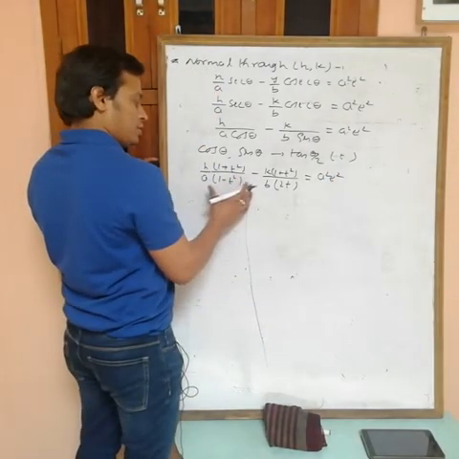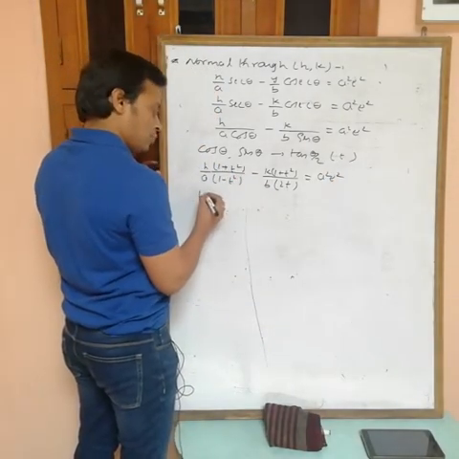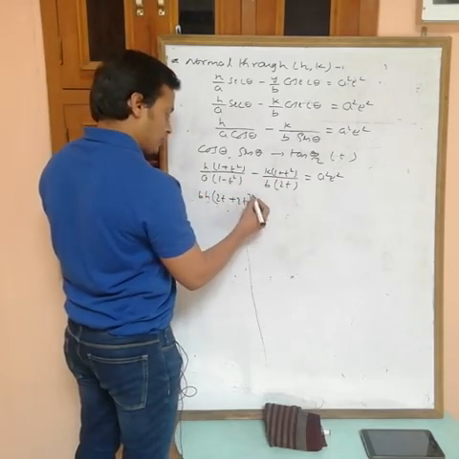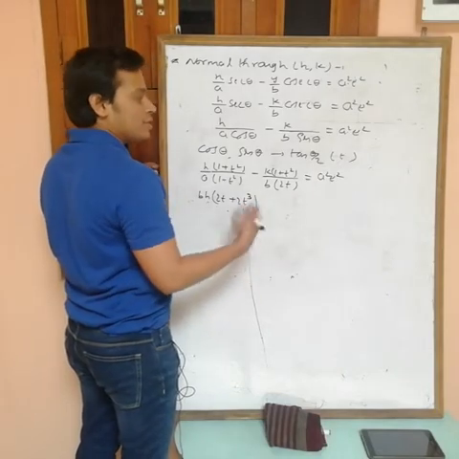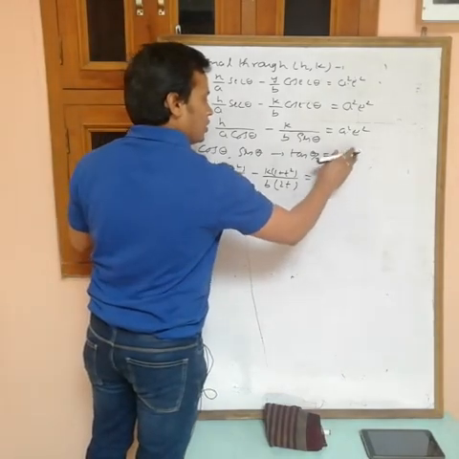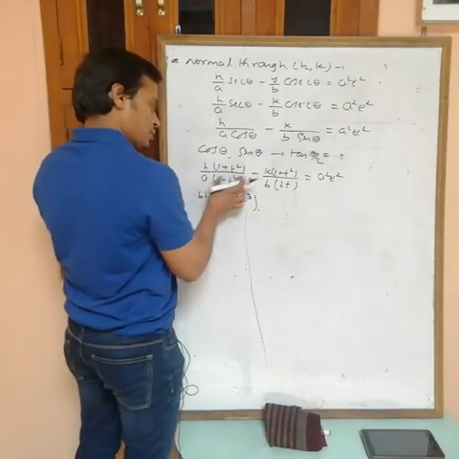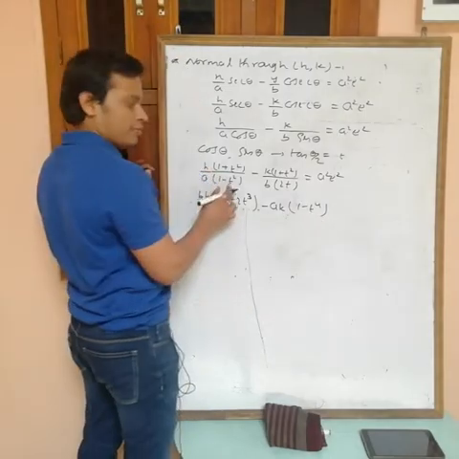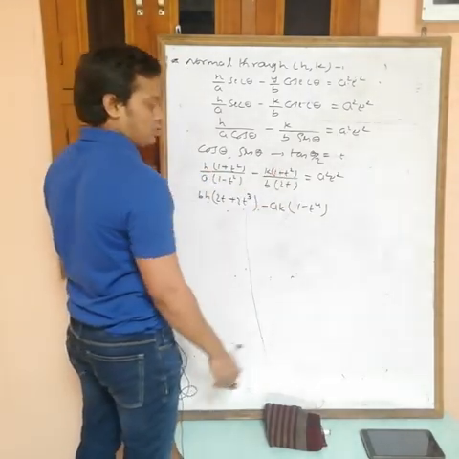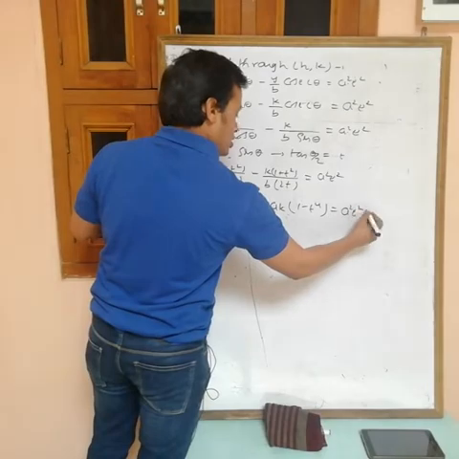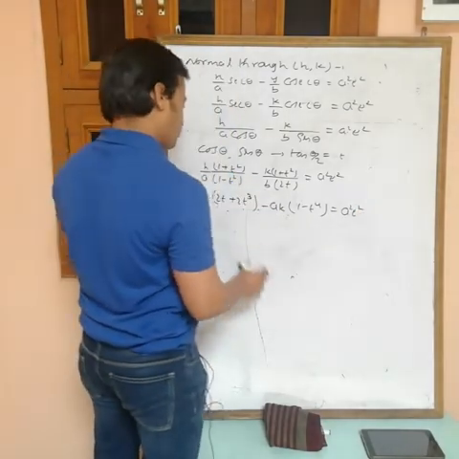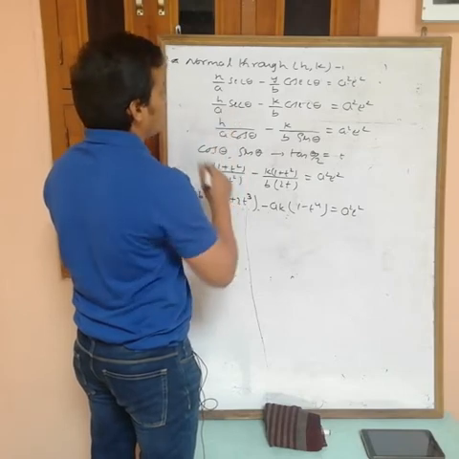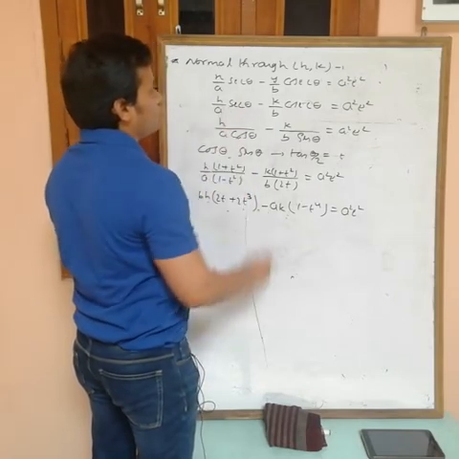Take LCM. If you take the LCM ab, then here you will get bh into 2t into 1 plus t square, that is 2t plus 2t cube, where t is equal to tan theta by 2. Minus ak into 1 minus t square into 1 plus t square, which is 1 minus t power 4, equals a square e square. Sorry, this is not the equation of normal.